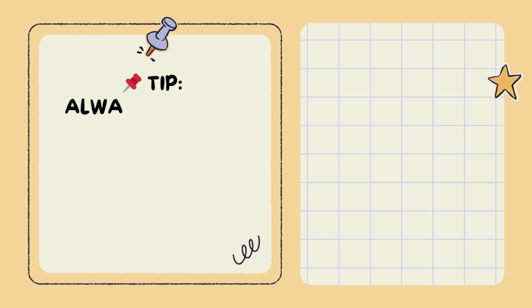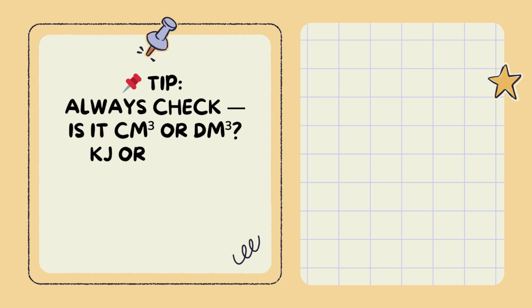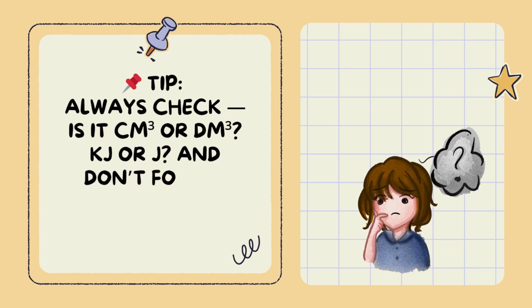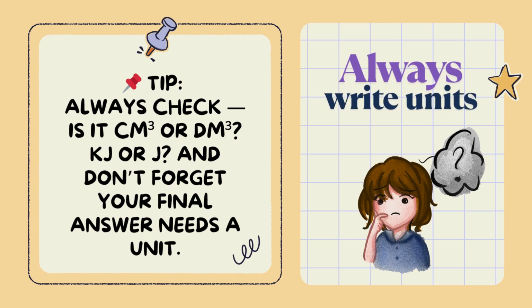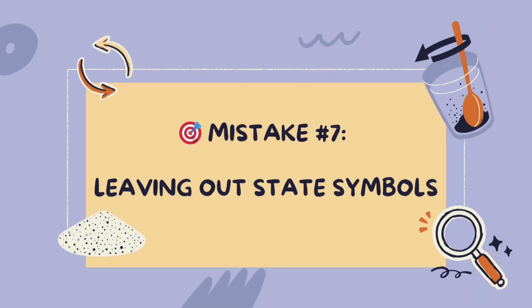So the tip for it is always check. Is the volume given in centimeter cube, decimeter cube? Do you have to find the answer in kilojoules per mole? And don't forget, your final answer needs a unit. Always write the unit in your final answer. Don't forget.